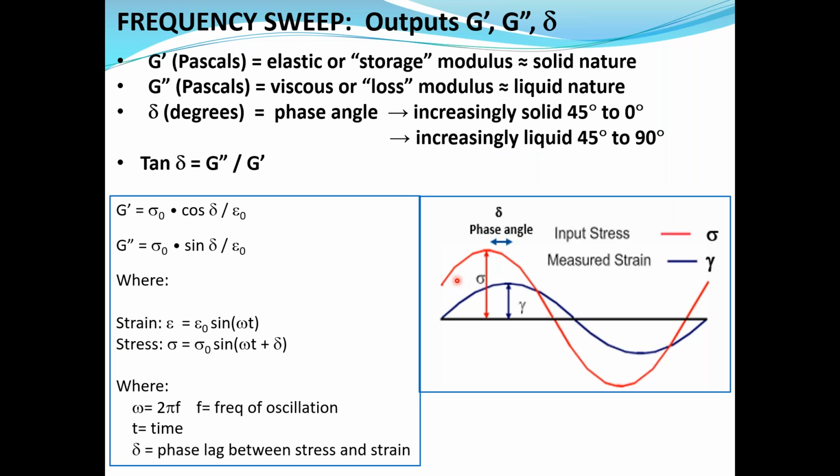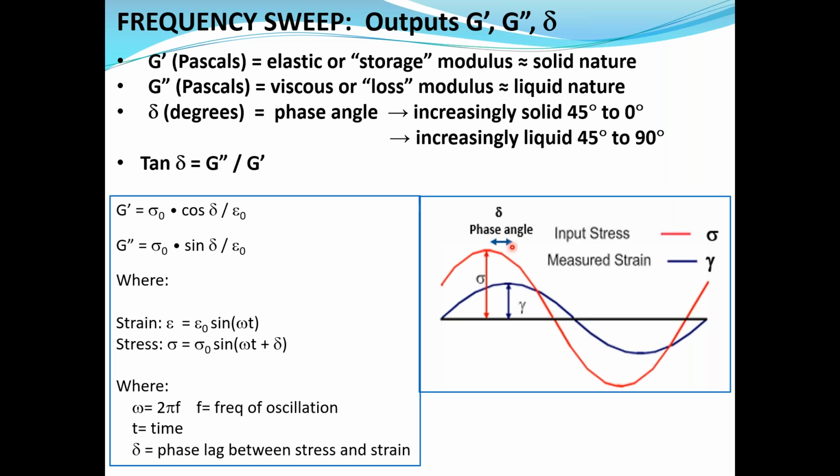So what's going on here is this is an oscillational type study. We're exposing the sample to a back-forth oscillation. And shown here is the sine wave. The red is the input stress from the upper plate going back and forth. The blue line is the measured strain. That's the response of the sample to that oscillation.